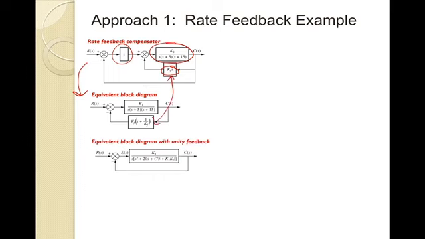Then I can take the feedback term and combine it, as we did in previous modules where we had an H of s in the feedback path, and make it look like a unity feedback system. That's what we're showing there. You can see K1 and Kf embedded into that main transfer function. K1 of 1388 was from our compensated root locus.